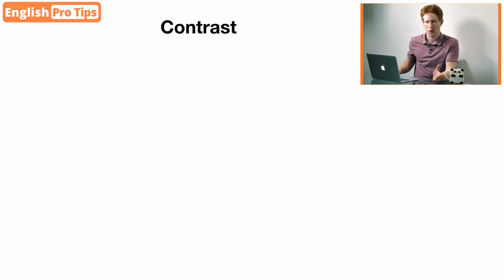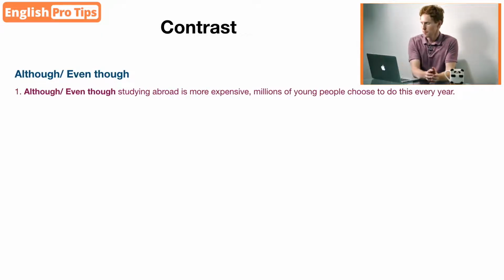Now, what we're going to do is go through all of these words, show you some example sentences, and how we form the sentences that these words appear in. So let's start with the contrasting words. Especially we're going to start with although and even though, which we can use interchangeably. Let's look at some example sentences.